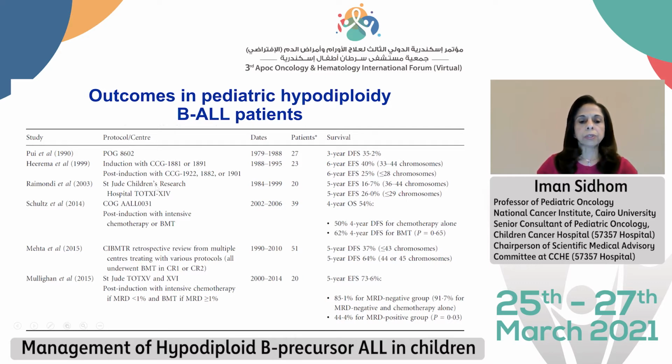The St. Jude Children's Research Hospital in their earlier study reported a 5-year event-free survival of less than 30% for patients with less than 45 chromosomes. Recently, St. Jude reported a 5-year event-free survival of 73% for 20 hypodiploid ALL patients treated on Total 15 and Total 16 using MRD-guided approach.